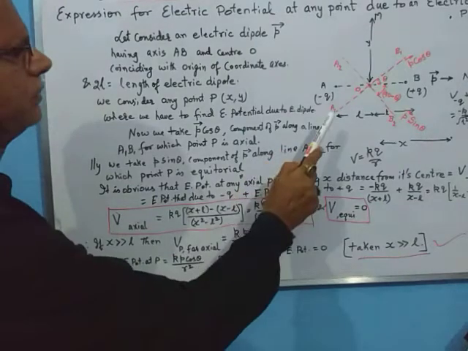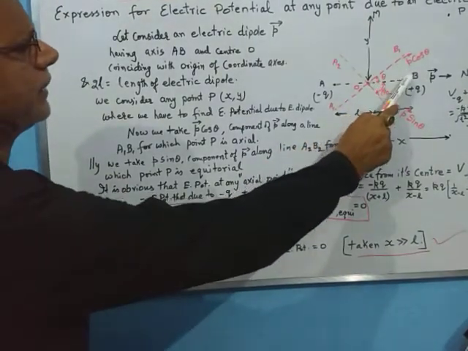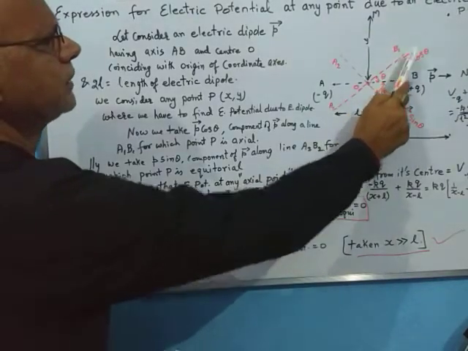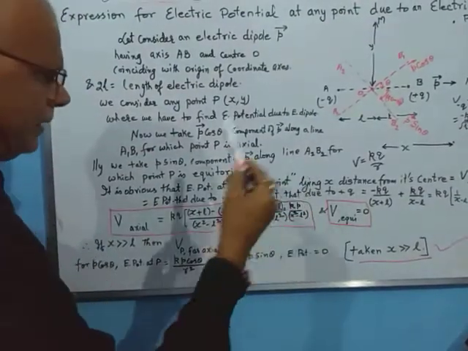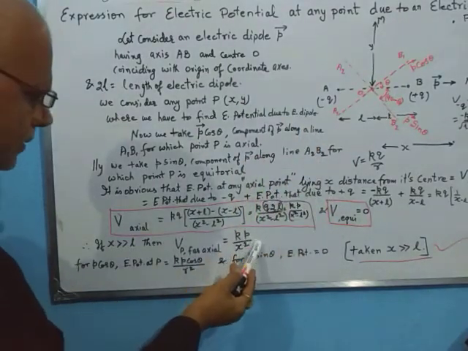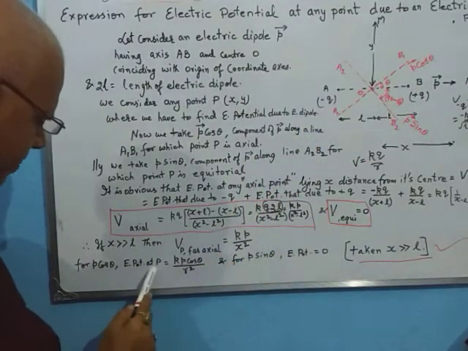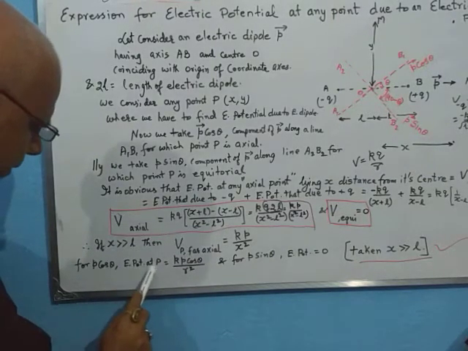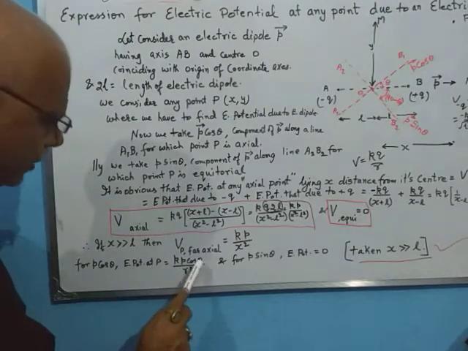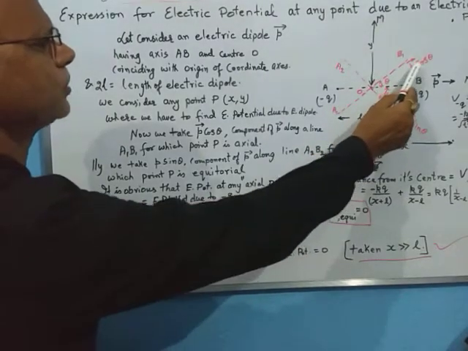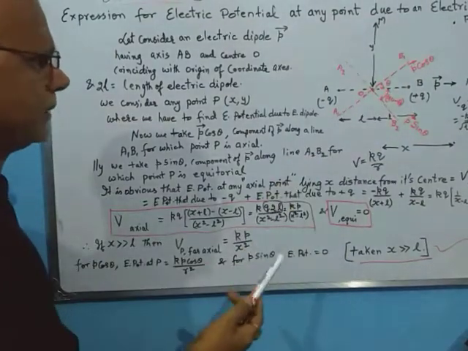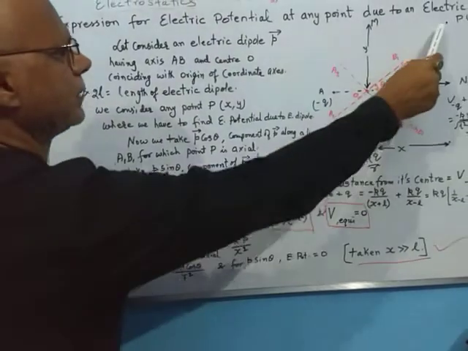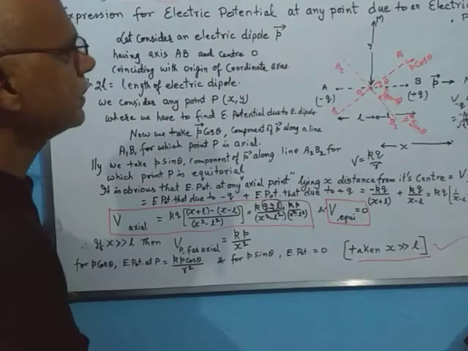So now we take the component of the electric dipole moment P, which is P cos theta, for which point P becomes axial, and if that becomes axial we can directly quote this relation for the axial position. The electric potential at point P will be Kp cos theta, that is the component P cos theta of the electric dipole moment, divided by the distance square, that is the distance of P from the center of the electric dipole.